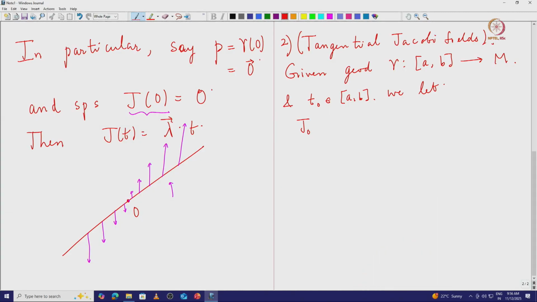We let j naught of t be simply gamma dot of t, and j1 of t be simply t minus t naught times gamma dot of t, okay.